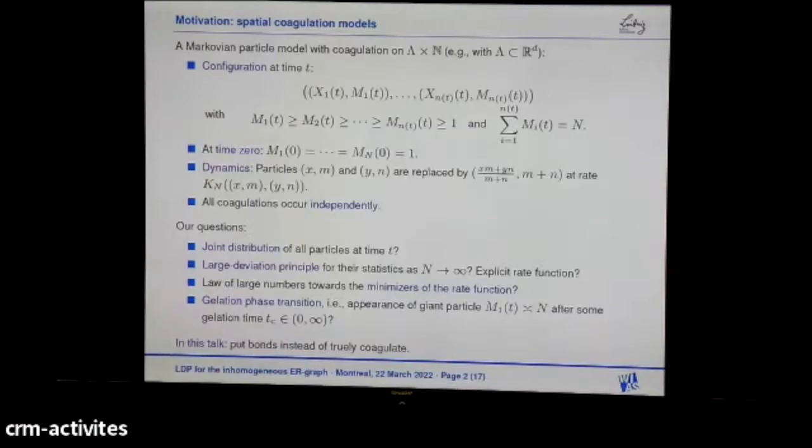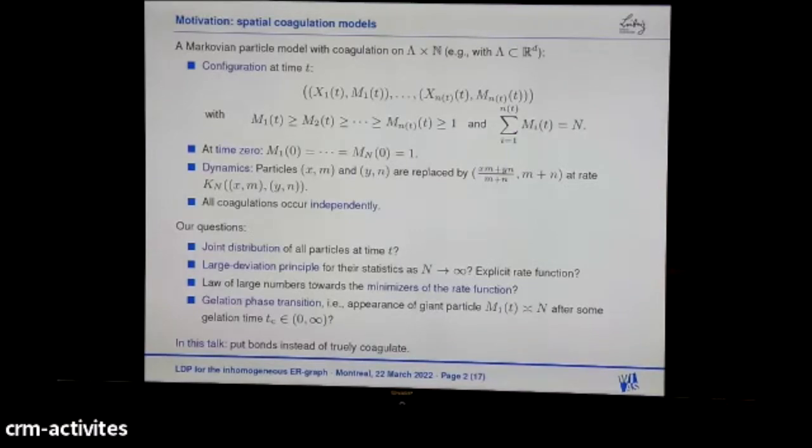And therefore, the model that is suitable for explaining what happens here will later be the inhomogeneous Erdős–Rényi random graph. So what I'm going to show you in the next couple of minutes is more or less something about the joint distribution of all the components of an inhomogeneous Erdős–Rényi graph embedded into time. So this is my plan for this talk today.